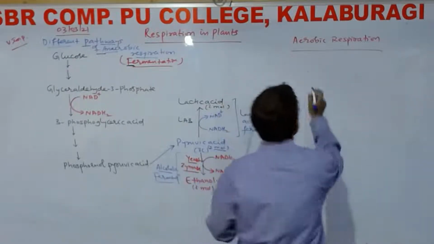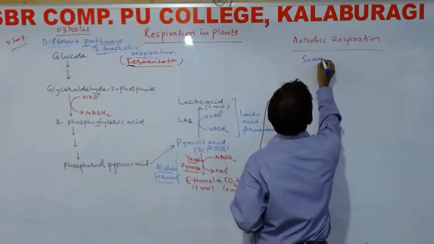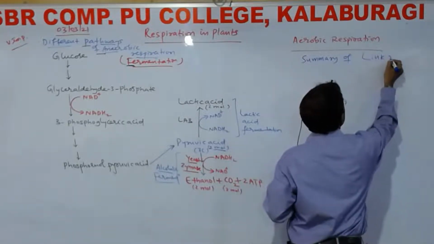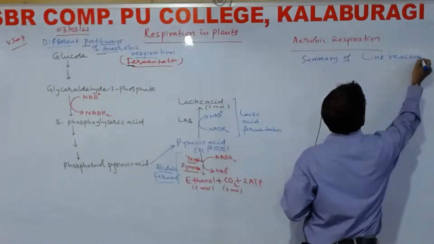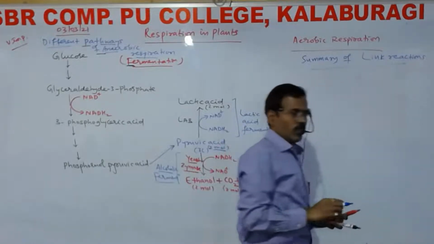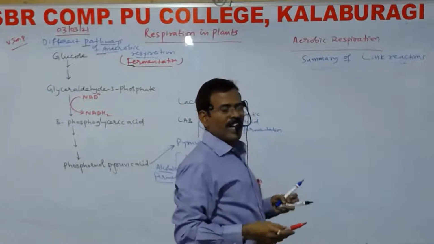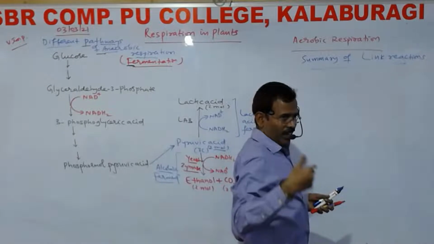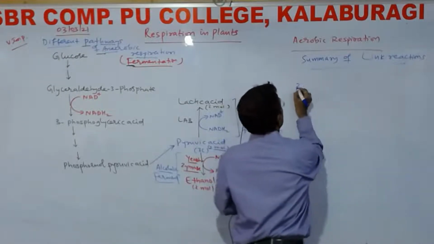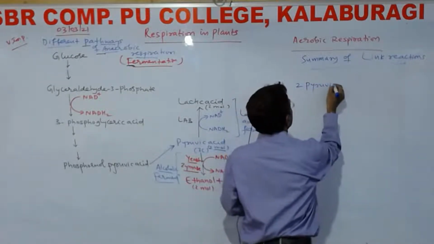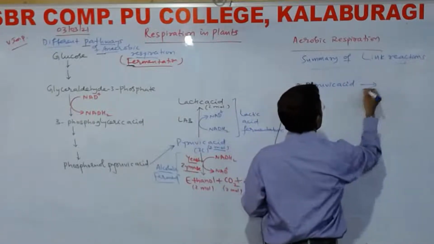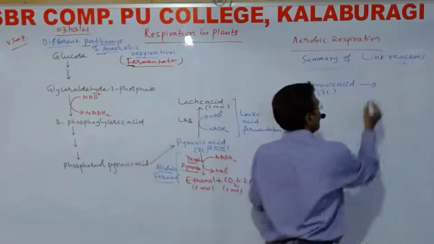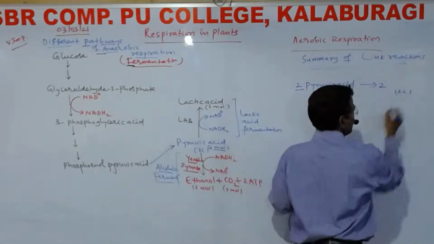Okay, so briefly we will discuss the summary of link reactions, or gateway step, preparatory step. In this link reaction, 2 molecules of pyruvic acid, 3 carbon, will be converted into 2 molecules of a 2 carbon compound. What is that?